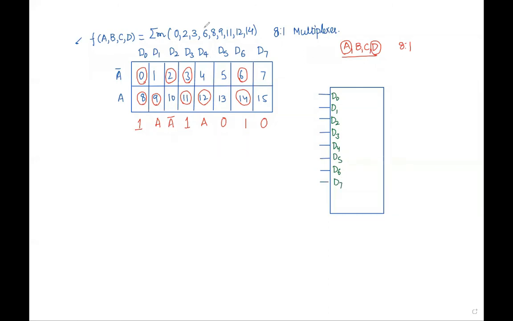Now we will modify this according to the requirements and terms which are given to you. Here you can see that D0, D3 and D6 are 1, so we will make a line for D0, D3 and D6.